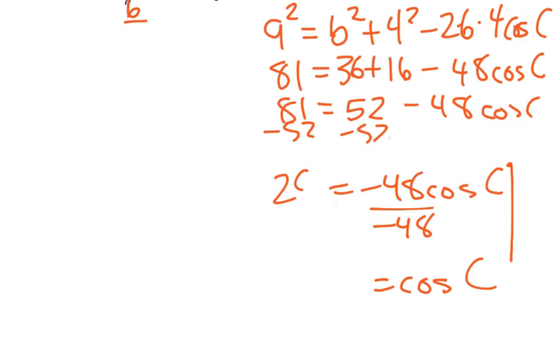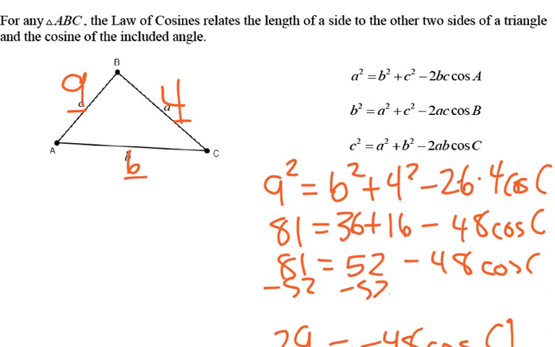So we get 29 here, which then we divide by a negative 48. So we do the inverse cosine of 29 over negative 48, and we get 127.169. So 127 degrees for C.